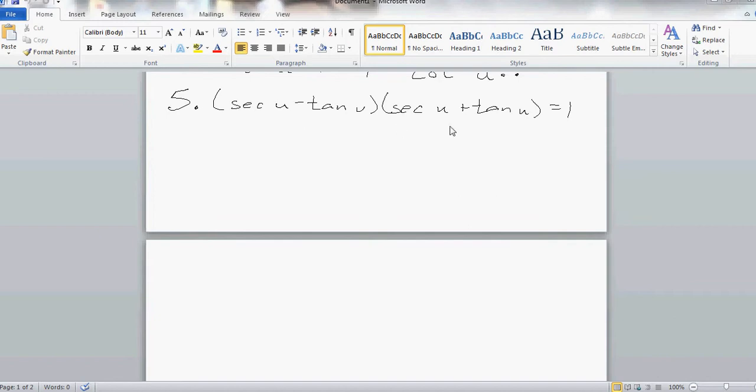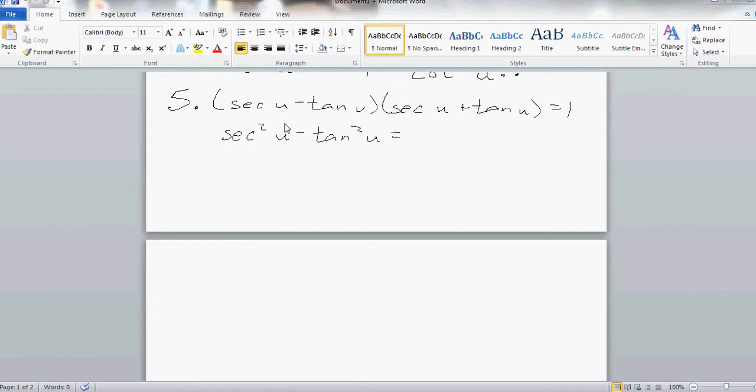Well, obviously this is the more complex side, so I'm going to look at that and say, hey, this is a difference of squares, so I'm going to go ahead and multiply them together and get secant squared u minus tangent squared u. And let's see what I get from here. Well, I'm seeing squareds, so squareds usually tell me Pythagorean identity.